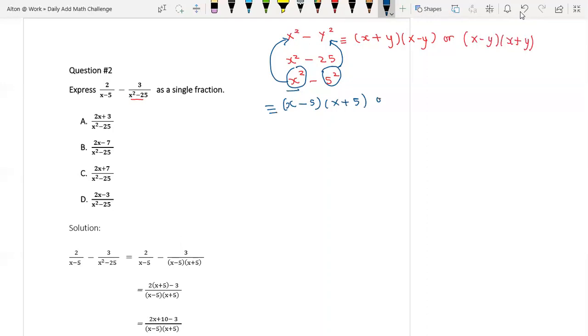Of course, it doesn't matter which factor you write first, x plus 5 by x minus 5. So once we can get over that hurdle, I'm going to put what we just did here in terms of the factorization, that is the factorization involving the difference of two squares.